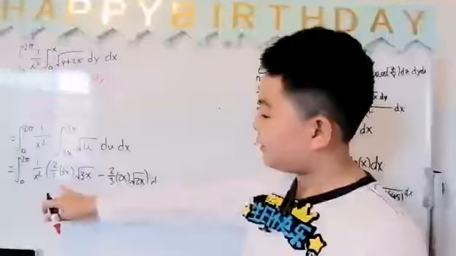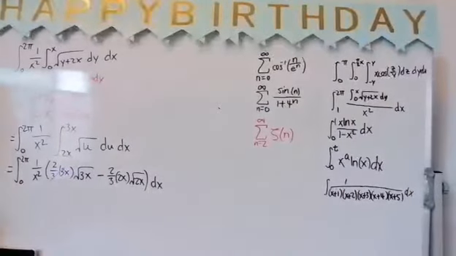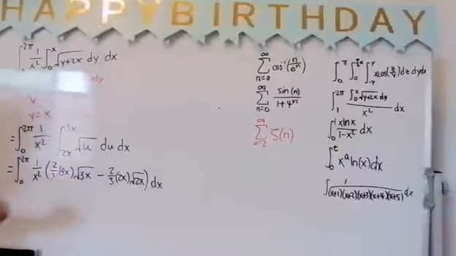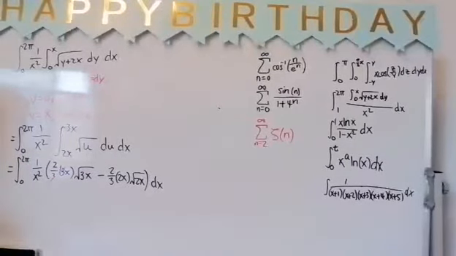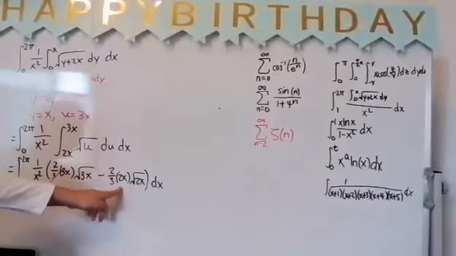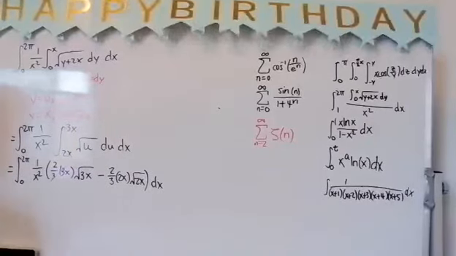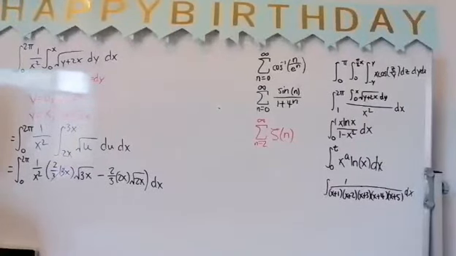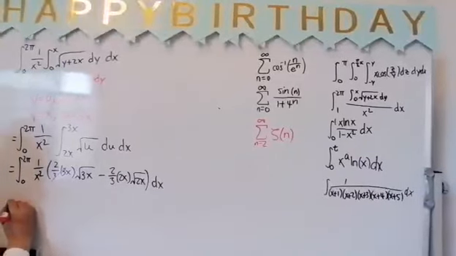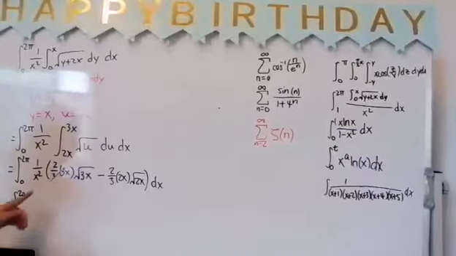Next, we have some cancellations, of course. So we have this 3/3, they cancel. And then we're going to distribute this 1/x squared out. First of all, I'm going to do that. And then I'm going to do further simplification. So, the integral going from 0 to 2 pi of.